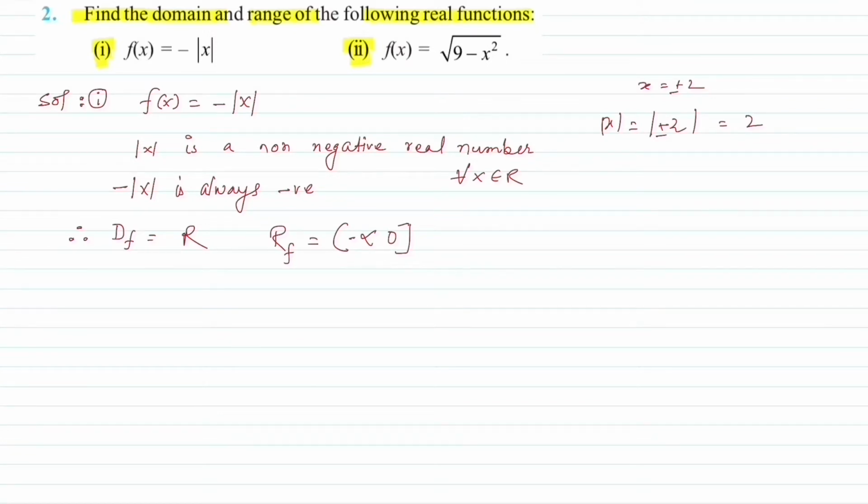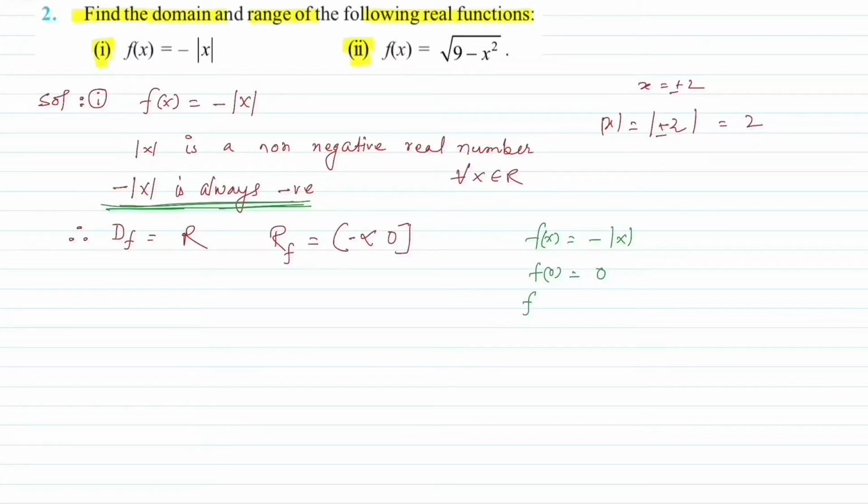So that means here we will always get negative values, or we can have f(x) equal to 0 for x equal to 0. In this case, if f(x) is equal to minus mod of x, then for f(0) we can have 0.